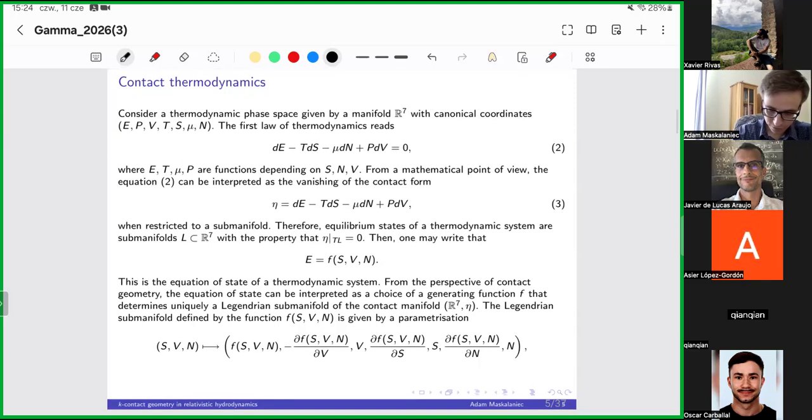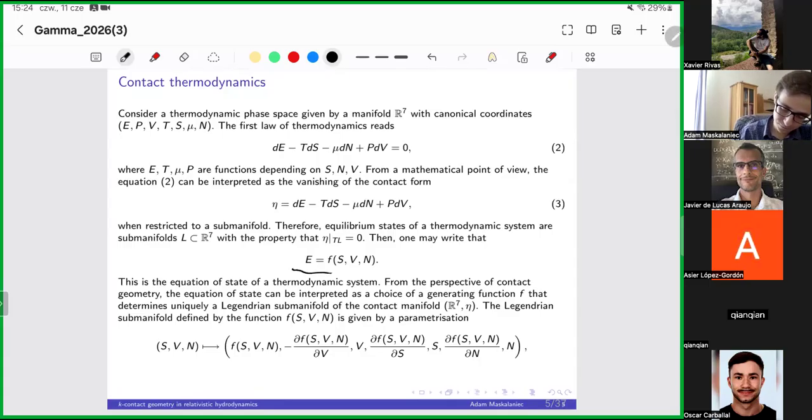And in contact geometry, every Lagrangian submanifold, it is a classical result that can be found, for example, in the book of Arnold on classical mechanics. Every such Lagrangian submanifold, namely an integral submanifold of eta of maximal dimension, can be locally expressed using a so-called generating function.